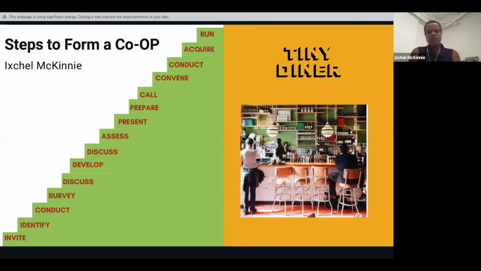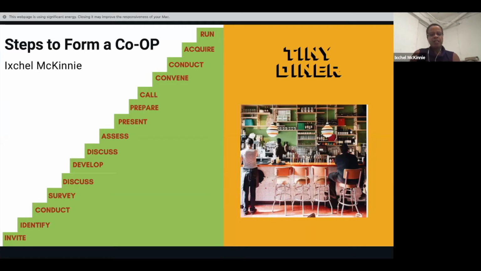Next, we survey prospective members to determine the potential use of a cooperative. Then discuss the survey results at another meeting of all the potential members and vote whether to proceed. If the group decides to proceed, the next step is to develop a needs or use cost analysis.